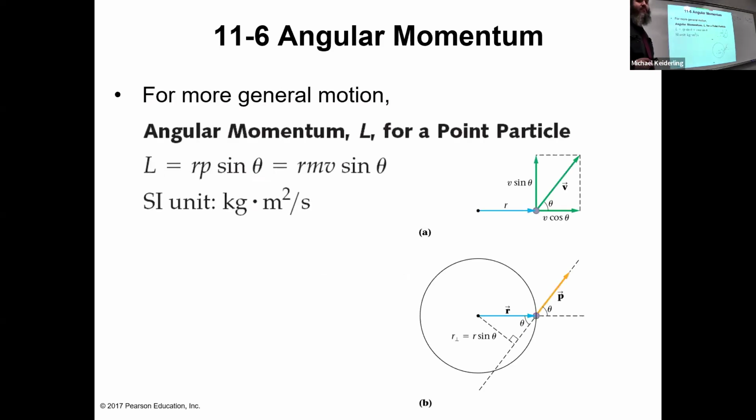For more general motion, if you have some particle that's moving, angular momentum is radius times momentum times the sine of the angle between the radius and the momentum. The radius times mass times velocity times sine theta. That's for a more general motion.